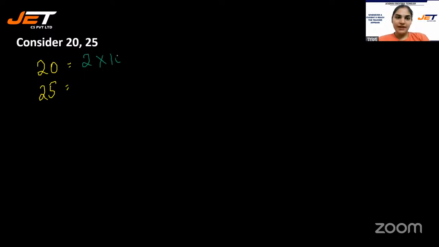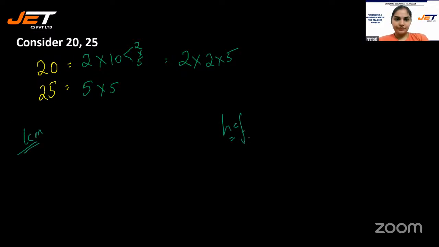Twenty is 2 times 10, but 10 is not a prime number. I'll do 2 times 5. 25 is 5 times 5. So I can write this as 2 times 2 times 5. Okay, so LCM here, HCF here. So LCM is 2 times 2 times 5 times 5.